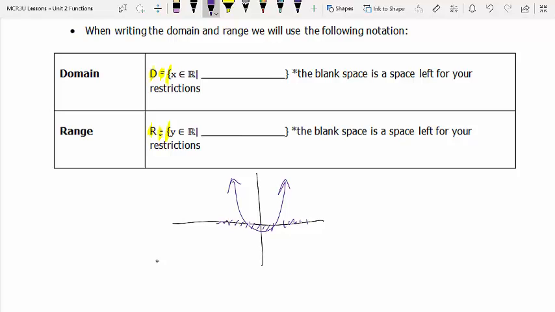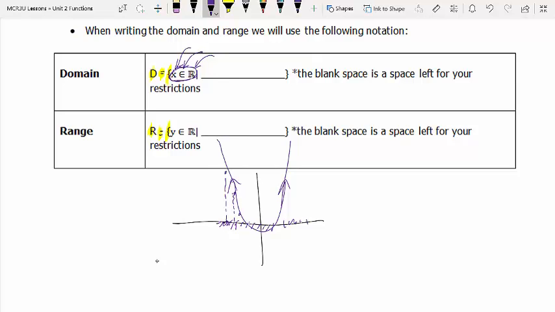All negative numbers, all positive numbers, all decimals, all fractions, 0. Every single x value generates a point on that function eventually. If we just extend this quadratic, then you would say the domain of this function is an element of all the real numbers. So x is an element of all the real numbers.